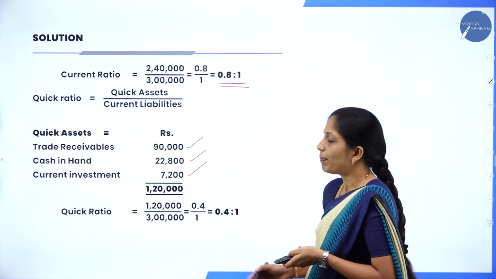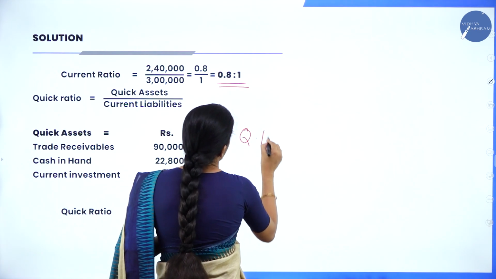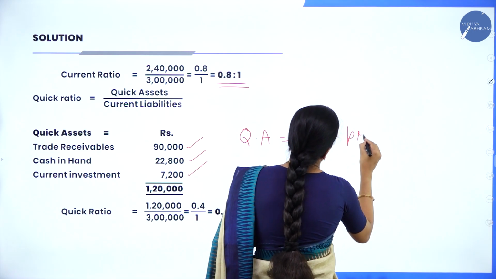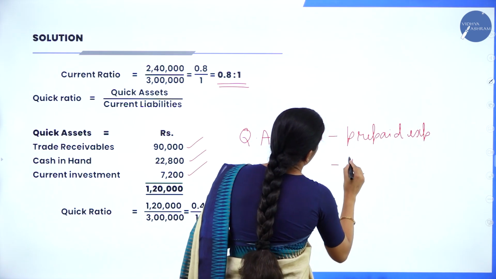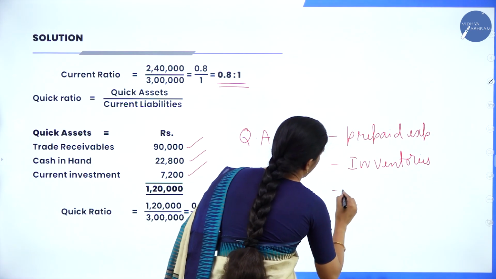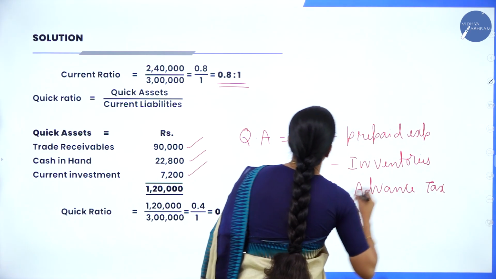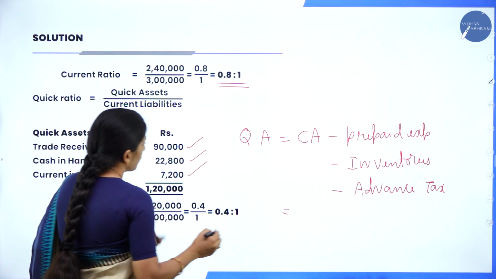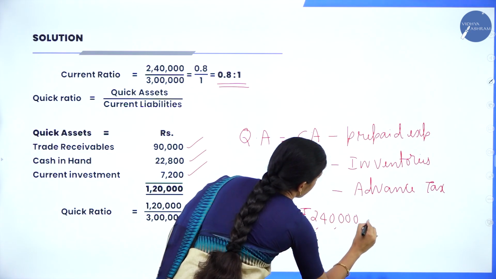The other way to apply the formula is: quick assets is equal to current assets minus prepaid expenses, minus inventories, minus advance tax. Now how much is current assets? Current assets is 2,40,000, minus inventories.